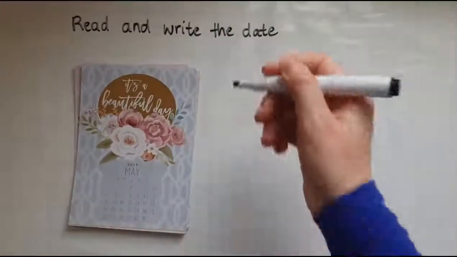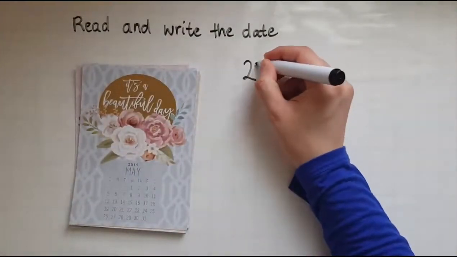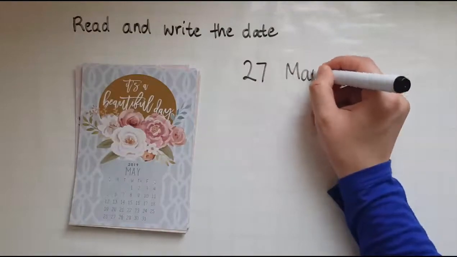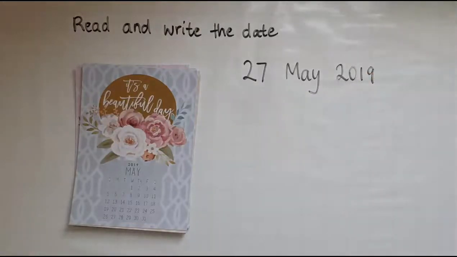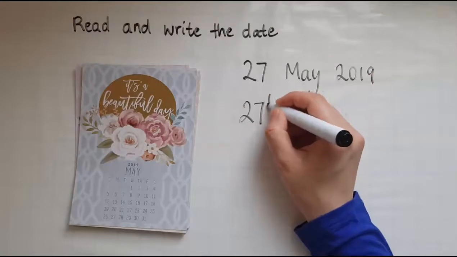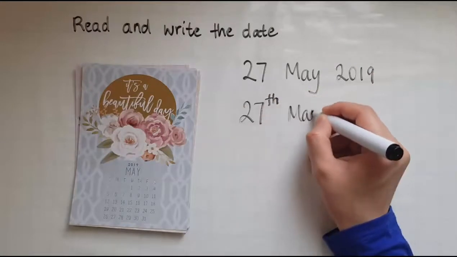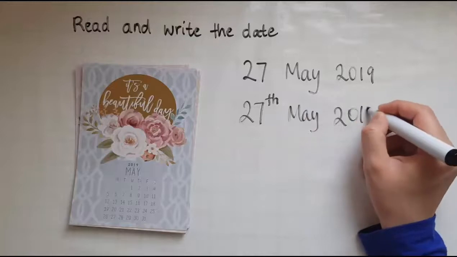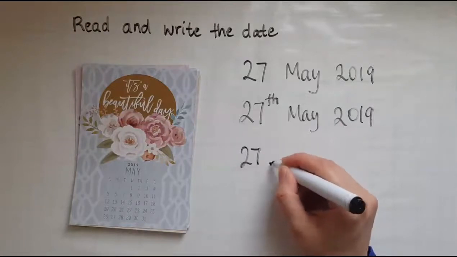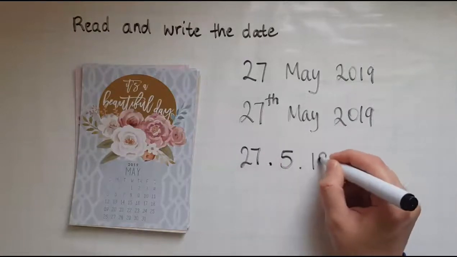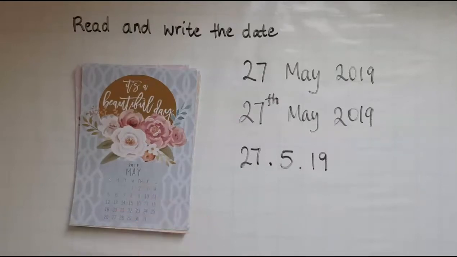So today's date we'd write as 27th of May 2019. Another way to write it is 27th of May 2019. 27th of the 5th 2019, because May is the 5th month, January is the 1st, February is the 2nd, March is the 3rd, and April is the 4th, so May is the 5th.